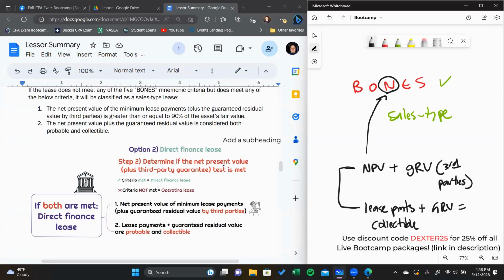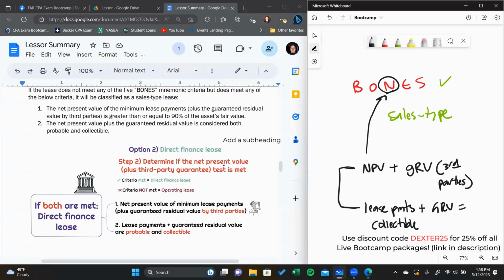If none of them are met, then we take a step back and we say, okay, well, what if instead of just looking at lessee guaranteed residual value, let's add in third party guaranteed residual value. Is it collectible and is it probable that we'll get that? If it is, let's add that into the net present value test, right? And then if that exceeds 90%, then we would call it a direct finance lease.